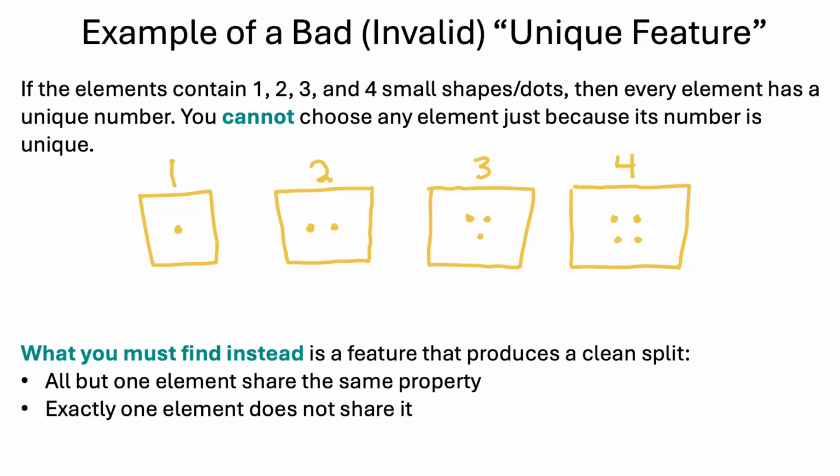If there is one element with the most components, in this case element 4 with 4 dots, then there is also an element with the least components, which of course is element 1 with 1 dot. Both in this case are special, so the rule does not produce a single intended odd item. So what you must find instead is a feature that produces a clean split, with all but one element sharing the same property and exactly one element that does not share it.